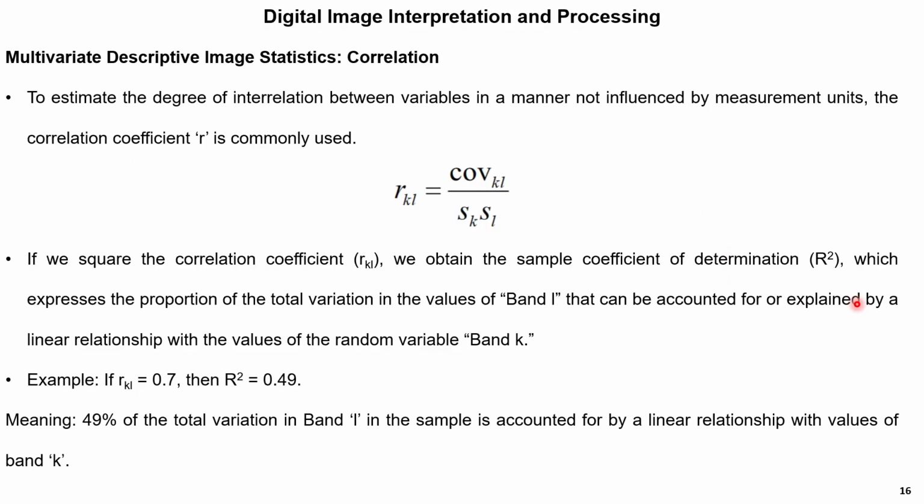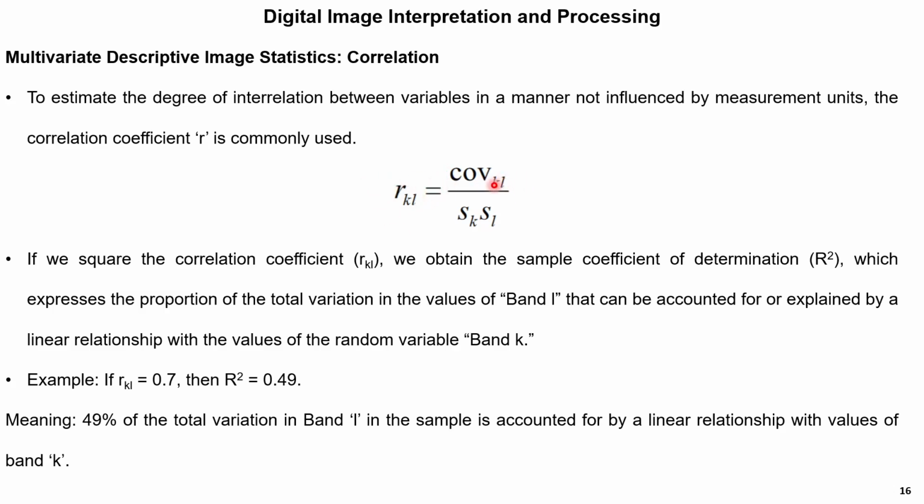Okay. And once we calculate the covariance, we need to find out whether we have any correlation between these two bands or not. For that we have the correlation coefficient. It will show you the degree of interrelation between the variables in a manner that is not influenced by the measurement units, which means your correlation coefficient does not have any unit, it is unitless.